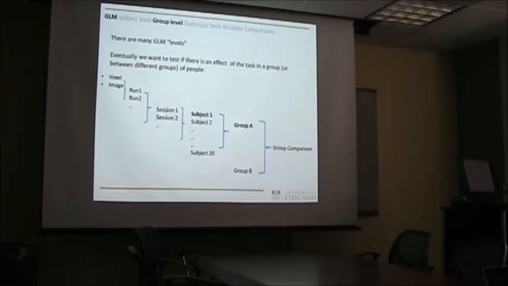Session meaning, for example, if your subjects take some kind of drug and some placebo, right? You might scan them twice. So you have different sessions, and then that will lead to an image of different subjects, and you might have a bunch of subjects that are part of a group, and you might have another group, right, which you often have in psychiatry, some control group, some patient group, and then you want to do some group comparisons.